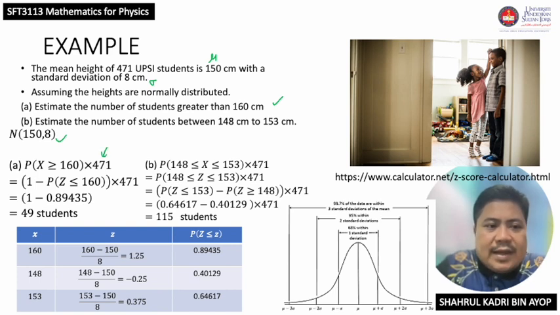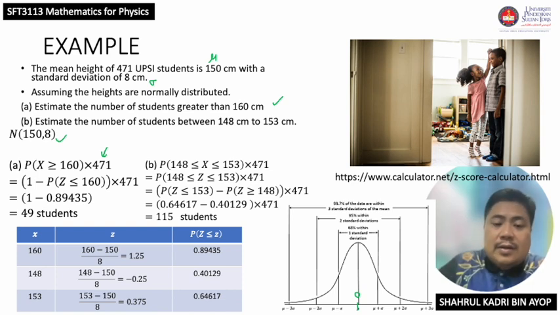Okay, so to calculate that, we can make a strategy. For example, here this is 0, and then we calculate the Z value. Actually, we don't need to calculate it because usually we can use a table.